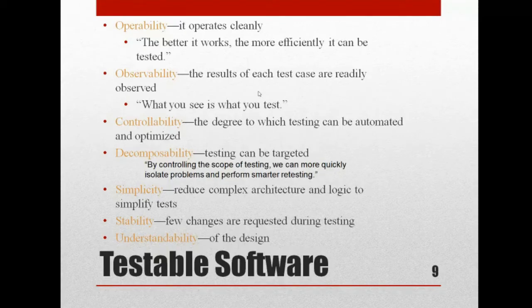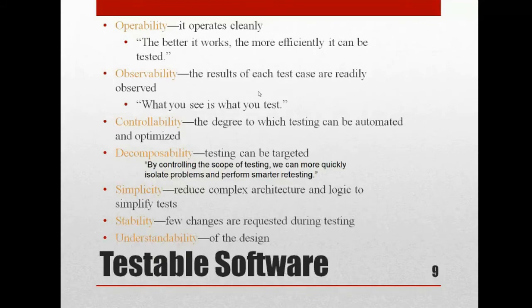For this particular test, we can identify this particular problem. If the software can be decomposed into small components or test cases, then it is good software, so that you can identify the problems easily.